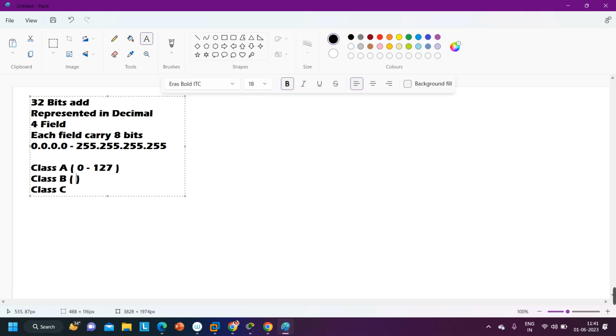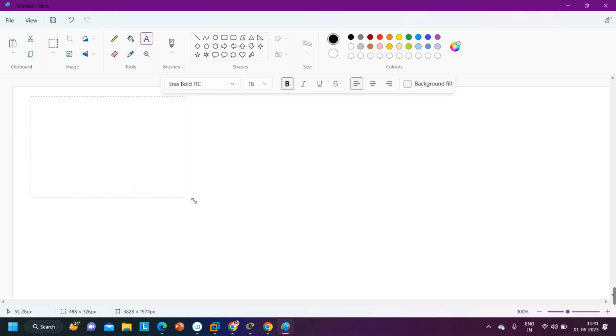The range of class B is 128 to 191. If the value in the first octet is from 128 to 191, that IP address belongs to class B. In the same way, the range of class C is 192 to 223. Done.